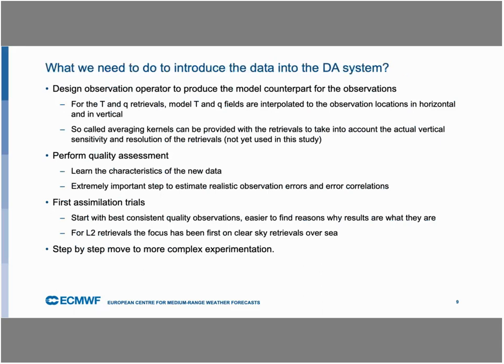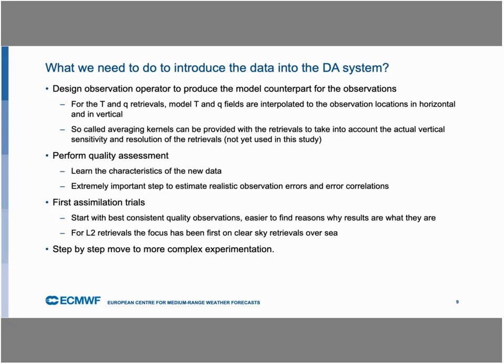So to summarize what we need to do in order to introduce new data into the system, first of all, we need the observation operator that produces the model counterpart for the observations. And for the traditional retrievals, temperature and humidity, this is just interpolation of the model temperature and humidity profiles to the observation location in horizontal and in vertical. And often the satellite retrievals are provided with so-called averaging kernels.